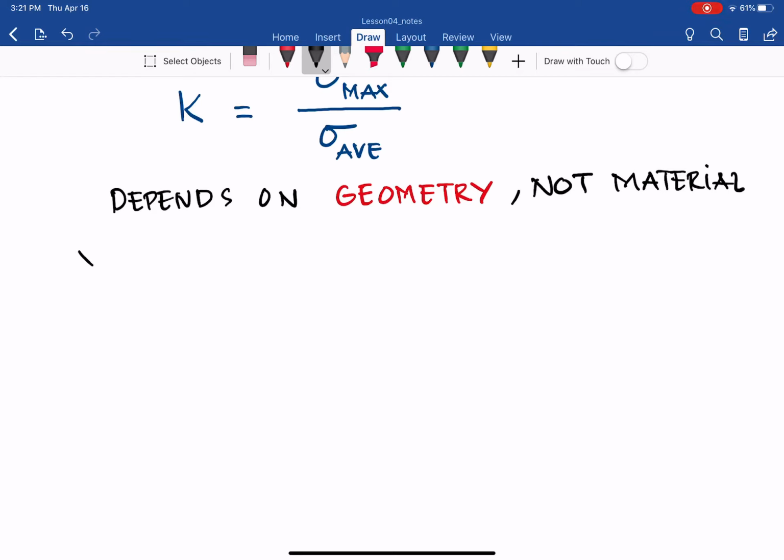So how K is determined: it is determined in a lab.